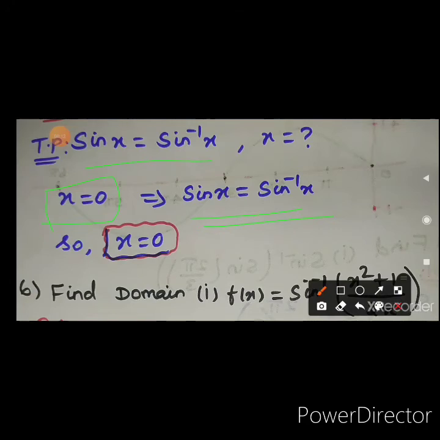Here less than or equal to means containing 0, and here less than or equal to means containing 1. So the domain is containing 0 and also 1. So 0 to 1. That's it.